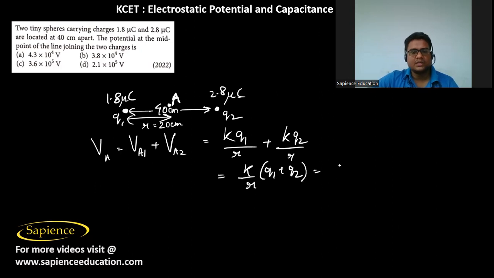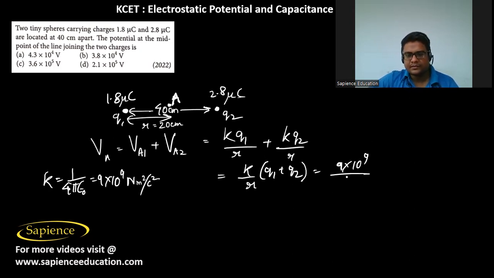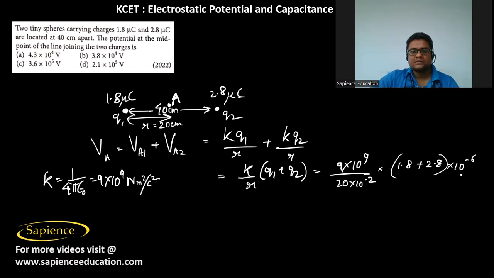So K is equal to 1 by 4 pi epsilon naught, the value of which is 9 into 10 power 9 newton meter square per coulomb square, divided by R. R is 20 centimeters, so it is 20 into 10 power minus 2 meter, and into Q1 plus Q2. So it is 1.8 plus 2.8, and this is in microcoulomb, so into 10 power minus 6 coulomb.